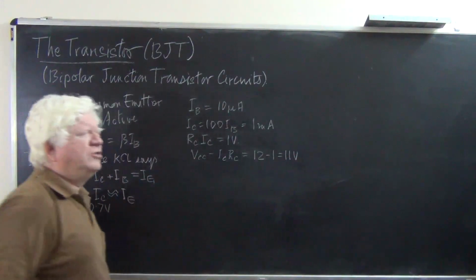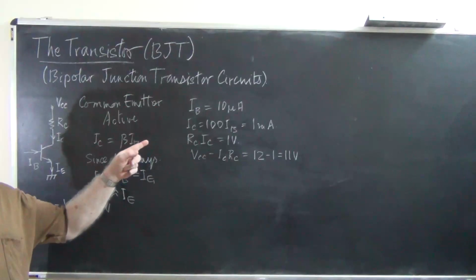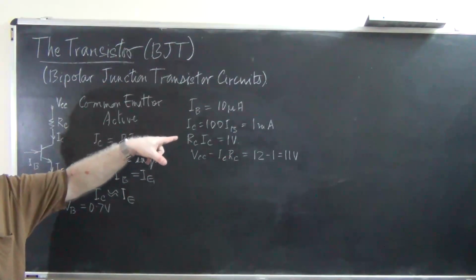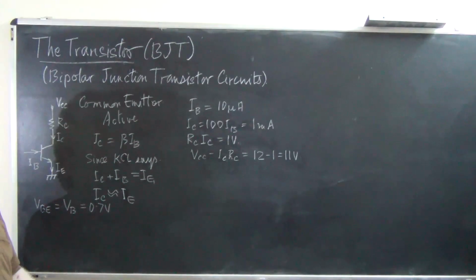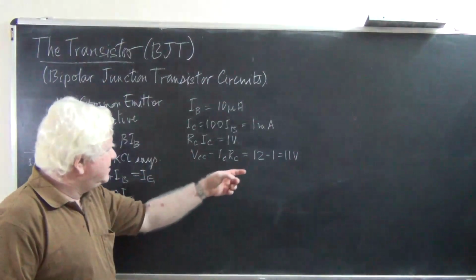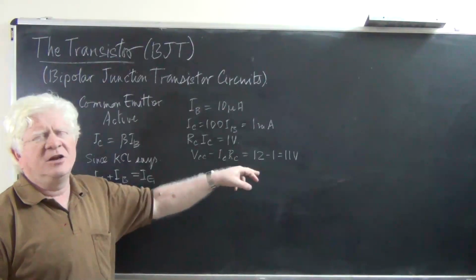So this, for example, would be the result of 10 microamps passing into the base. Clearly, with this choice of a collector resistance and this choice of a base current, you will have this as the point at which the collector voltage will lie.